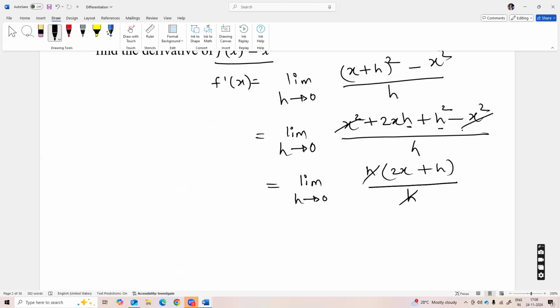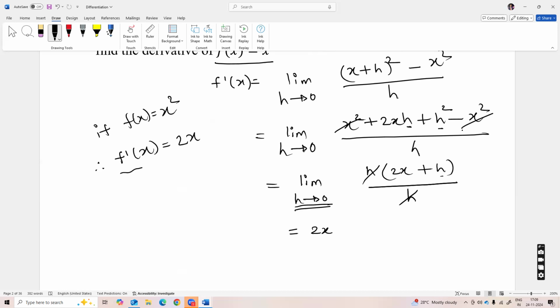Now h is almost equal to 0, so if you put h equal to 0, you get 2x. Therefore, if f of x is x square, its derivative f dash of x is 2x.